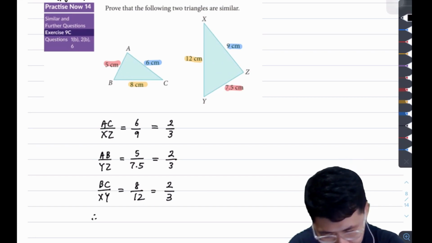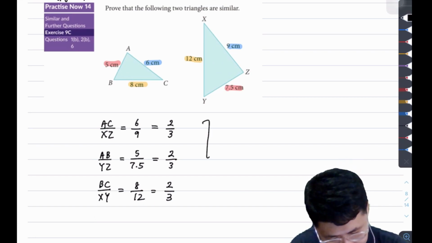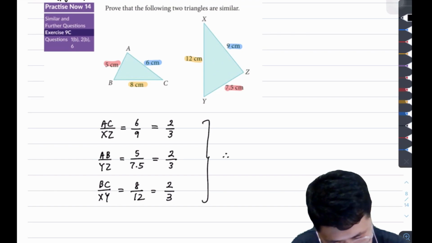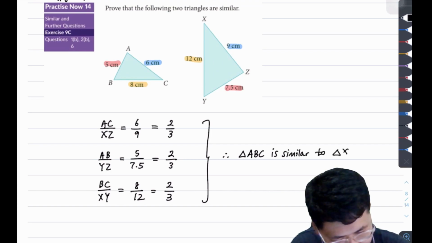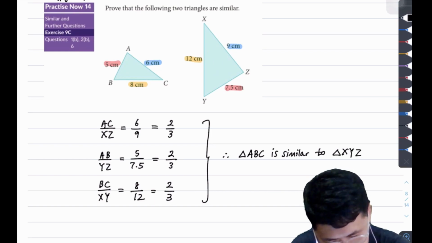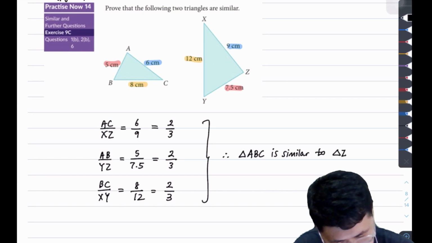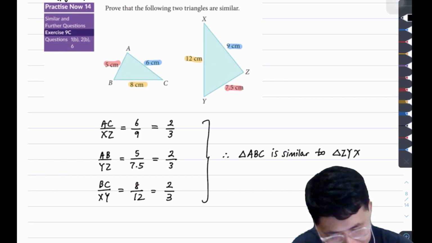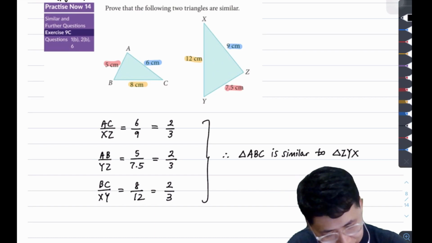So the conclusion is triangle ABC is similar to triangle XYZ. Wait, we need to match, sorry. ABC, so Z, Y, X, like that. Okay, we need to match the vertices.